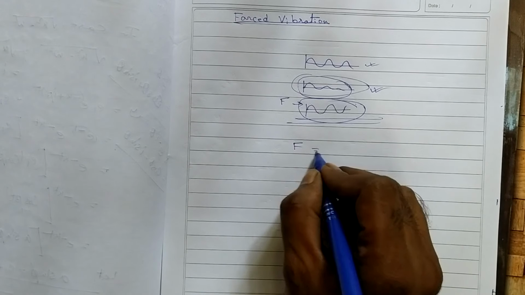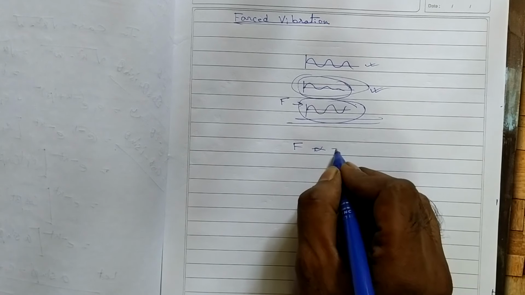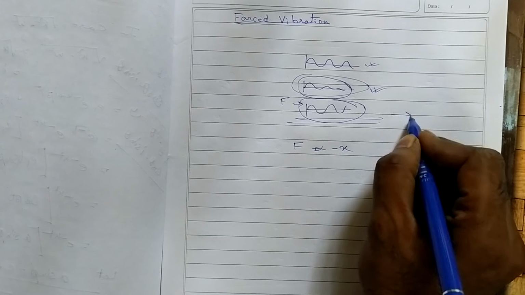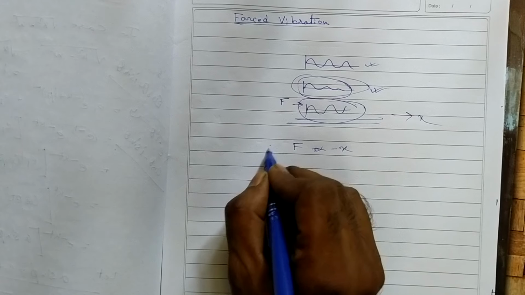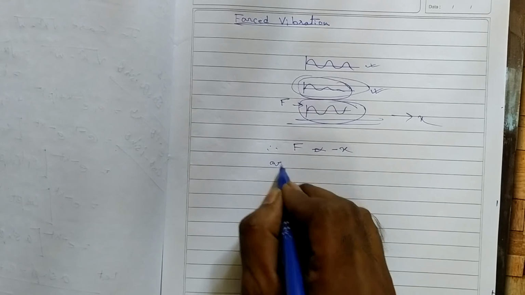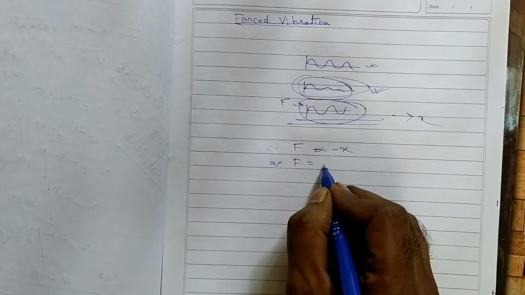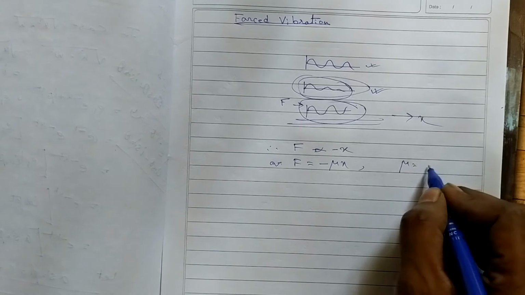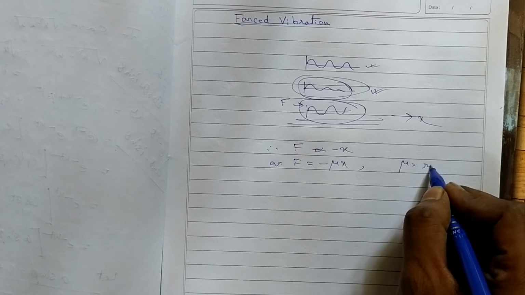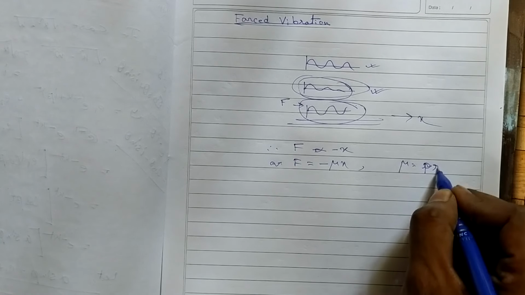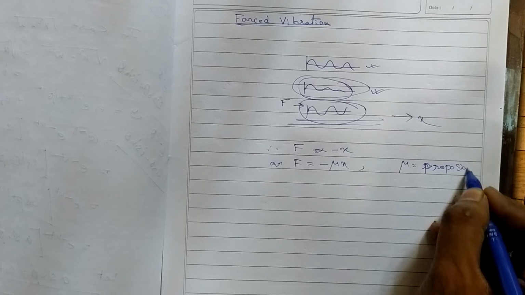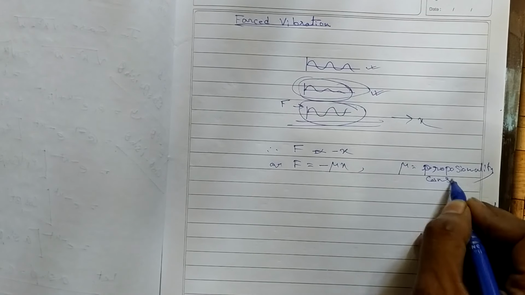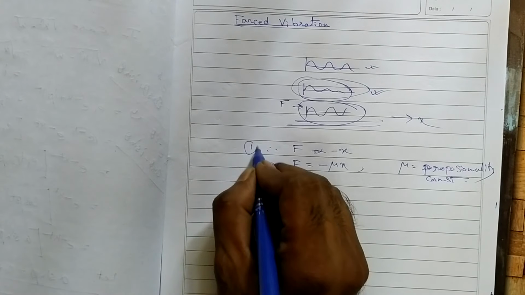The resistive force is proportional to minus x, because the direction is along the x axis, so F is equal to minus mu x, where mu is the proportionality constant in the first case.